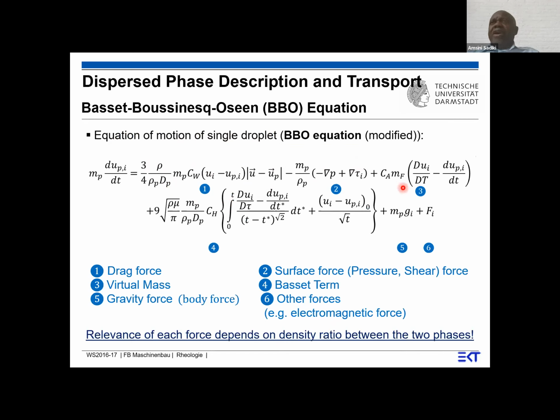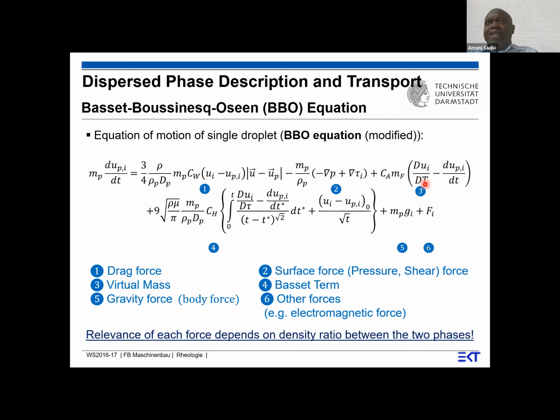So we have also other kinds of forces. We have the virtual mass force. It is due to the change: we have a particle which is accelerated, and this acceleration also changes the surrounding flow, and we have this relative acceleration here. Here we have the relative velocity, because it is a steady force, but this is time dependent.